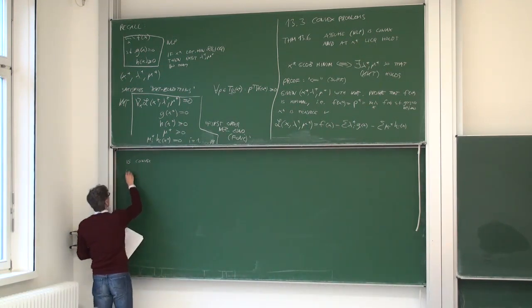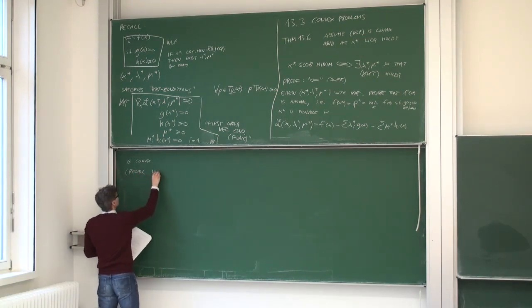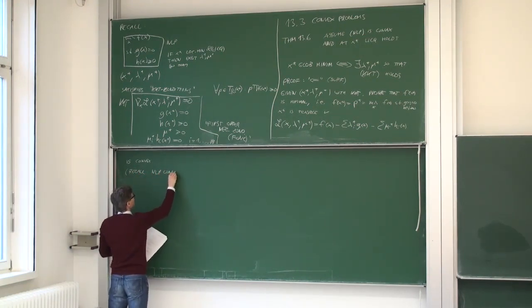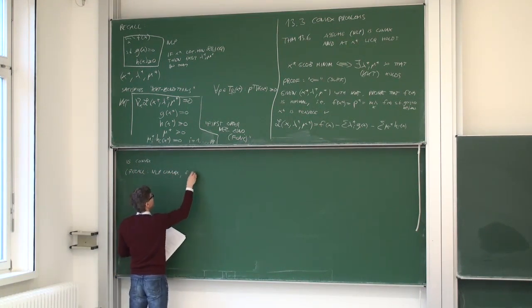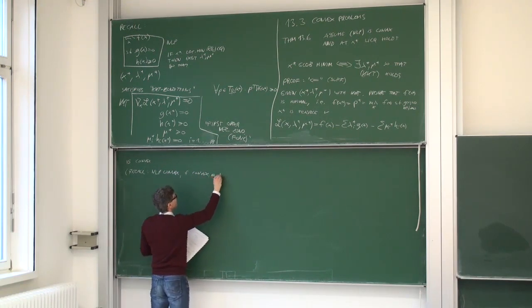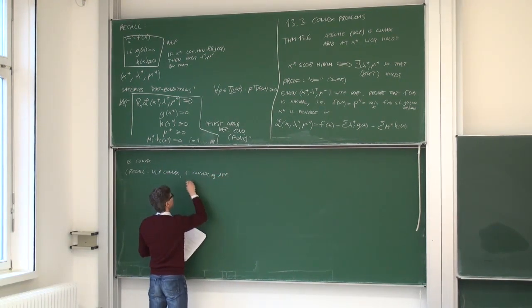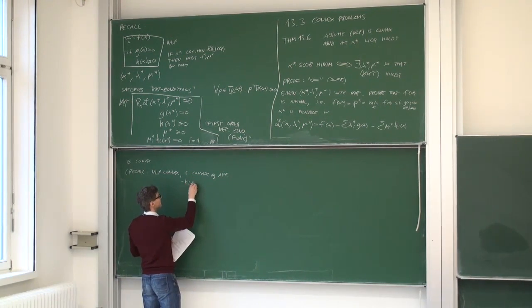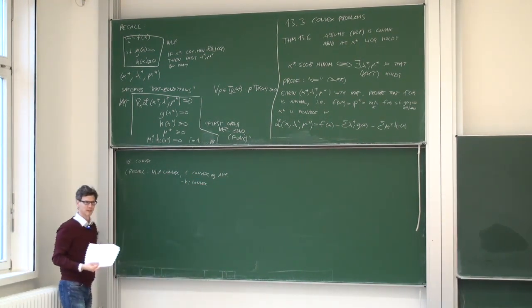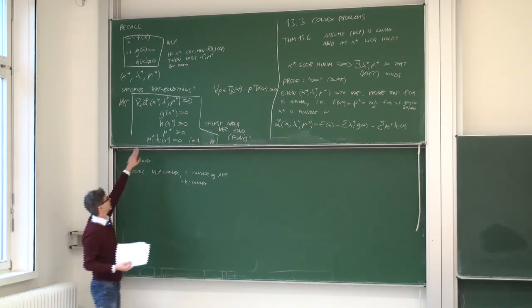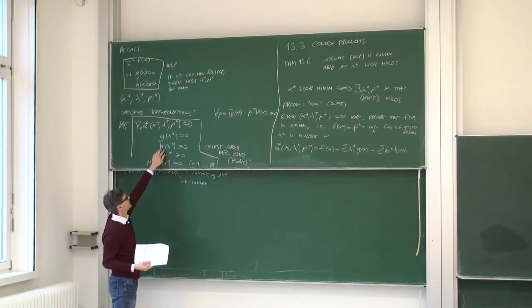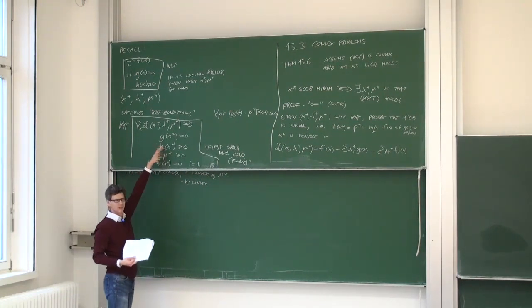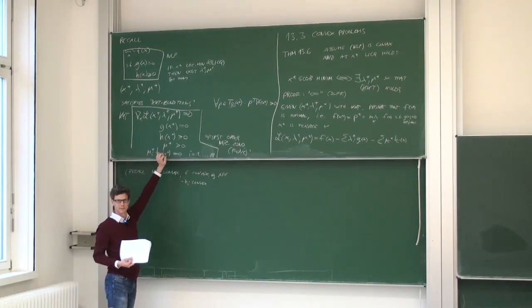So maybe I should recall what it means that the NLP is convex. It means f is convex, g is affine, and minus h i is convex. You remember that? Because these functions h need to be concave functions basically, so minus h must be a convex function.